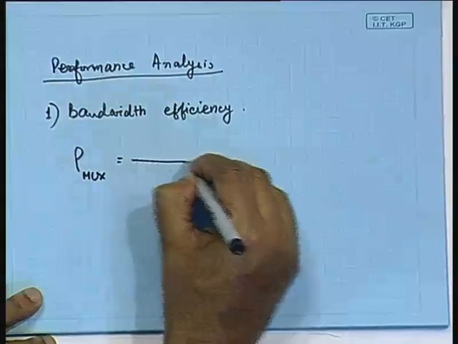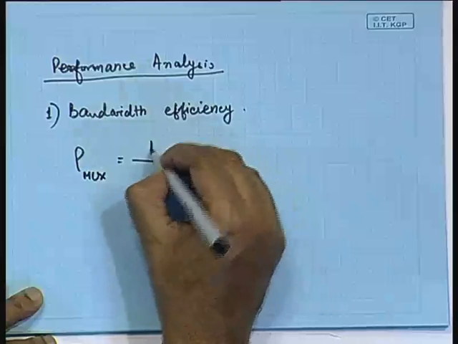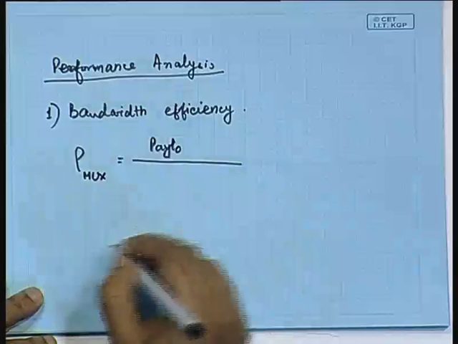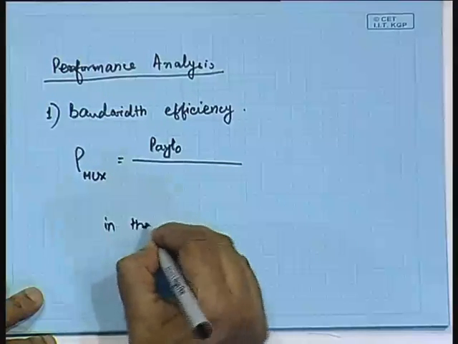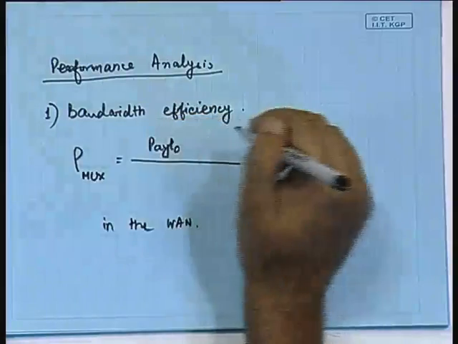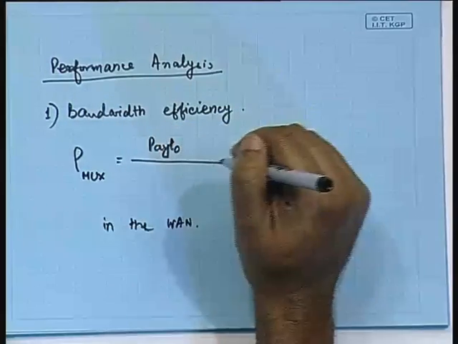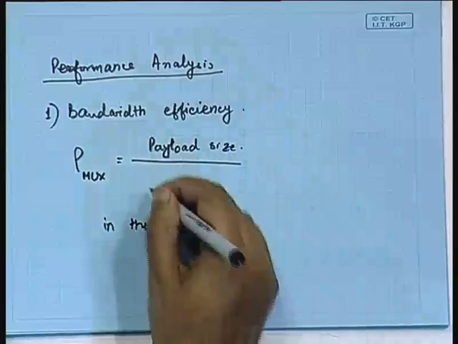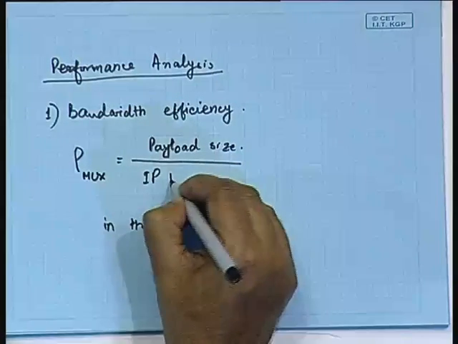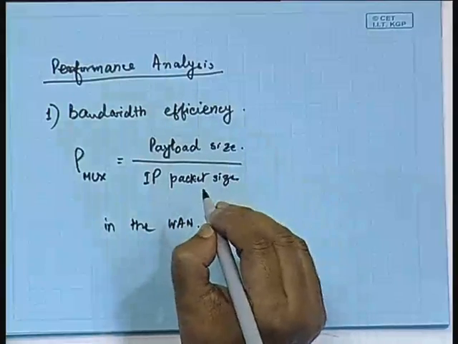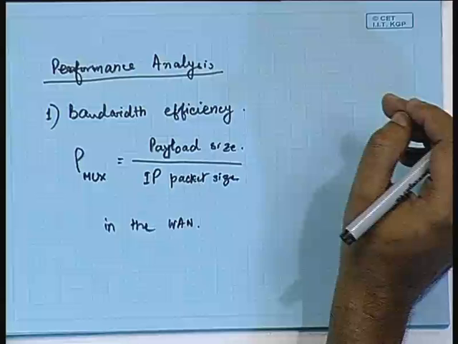The efficiency is measured as a ratio of the payload size. In the WAN domain, that is, after the multiplexing is done, because the multiplexed stream will be sent in the WAN, the bandwidth efficiency or rho mux will be measured as the payload size upon the actual IP packet size, again in the multiplex domain.